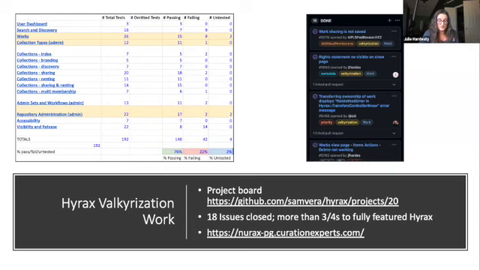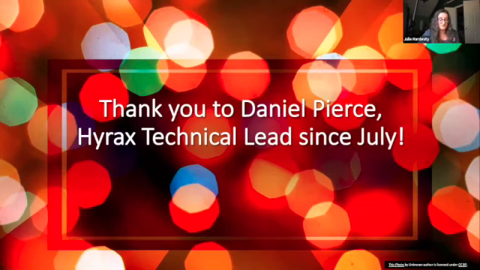Several community members joined the Hyrax maintenance working group, including Anna Marie Close from Ohio State University, John Cameron and Chris Colvard from Indiana University, Gabriela Montoya from UC San Diego, Fritz Freiheit and Jose Blanco from University of Michigan, and Alexander Dunn and Tamsin Johnson from UC Santa Barbara to work through 18 issues on that project board and show through testing on Nurax PG, the demo site we have for Valkyrized Hyrax, that we are more than 3/4 of the way to a fully functioning Valkyrized Hyrax-based web application with a Postgres adapter. That's pretty exciting.